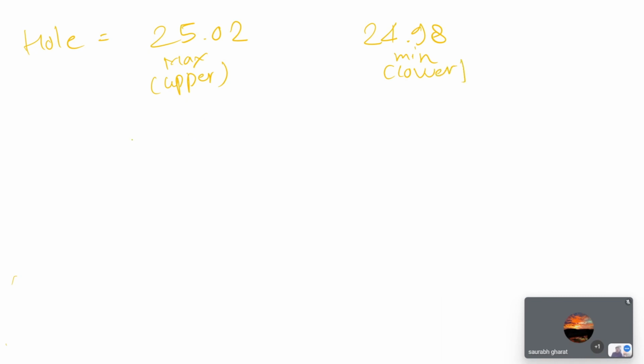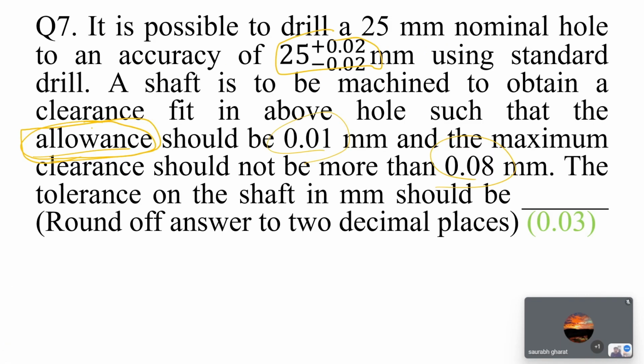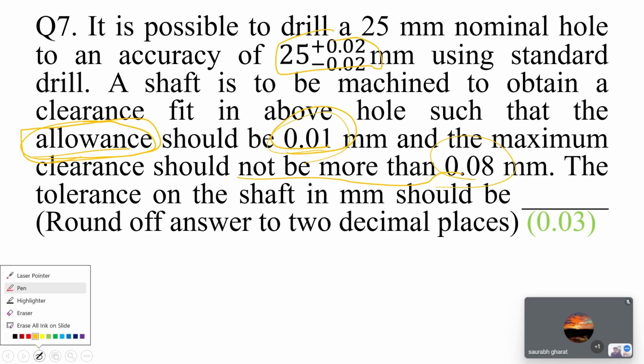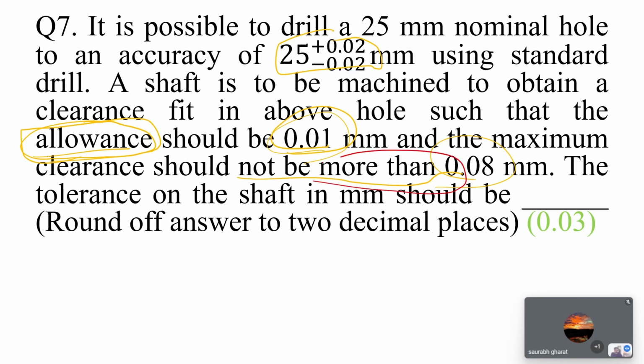Right now what we want is the allowance for clearance with the hole, such that the allowance should be this, and the maximum clearance should not be more than the given value. It can be equal to, but should not be more than. The more important point is that it should not be more than.